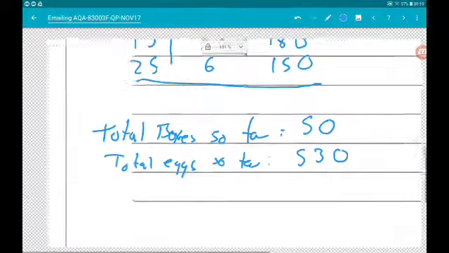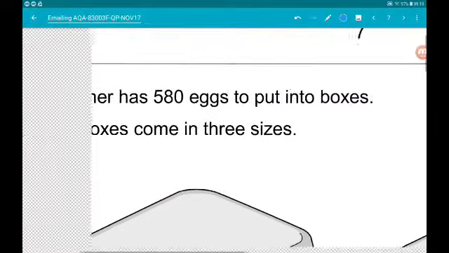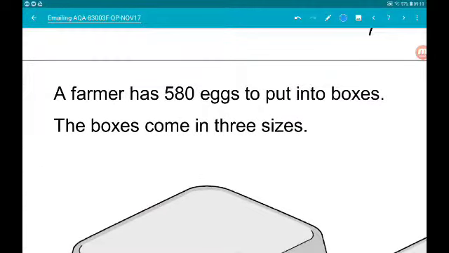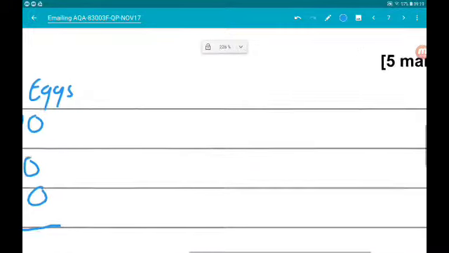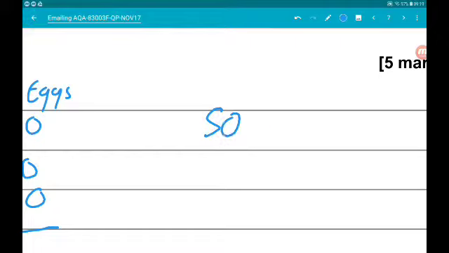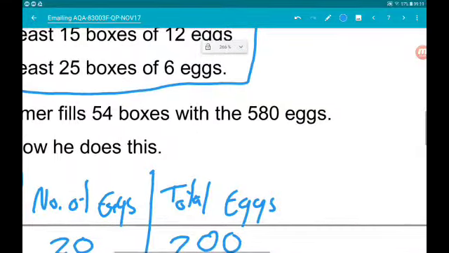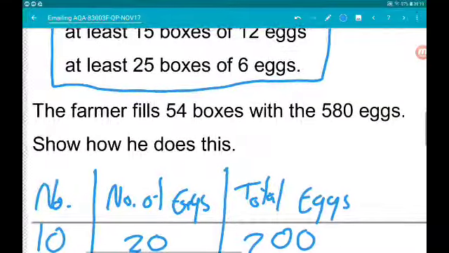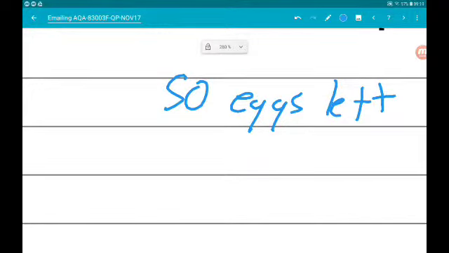Okay, so remember, altogether he has 580 eggs, so that means there's 50 eggs left, and he fills 54 boxes with the eggs. So we've done 50, that means there's 4 boxes left.